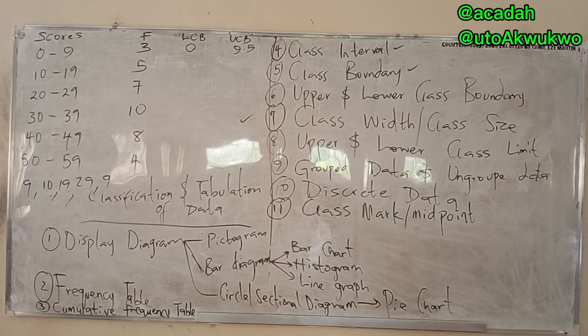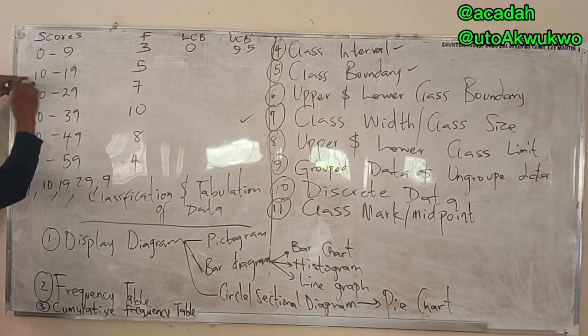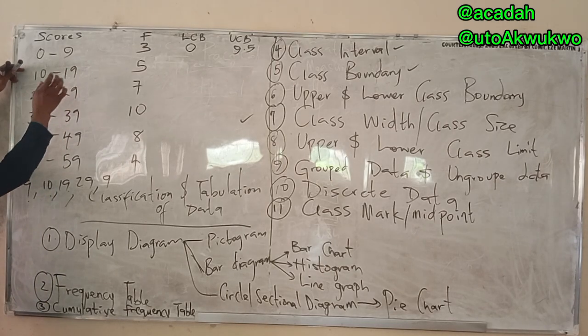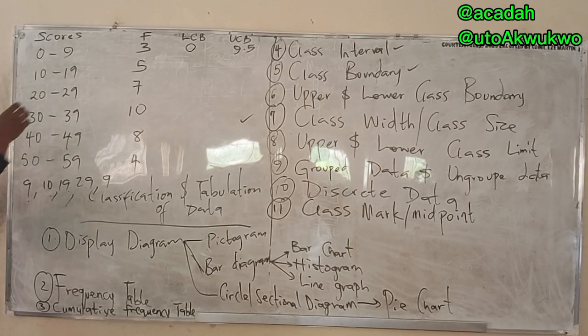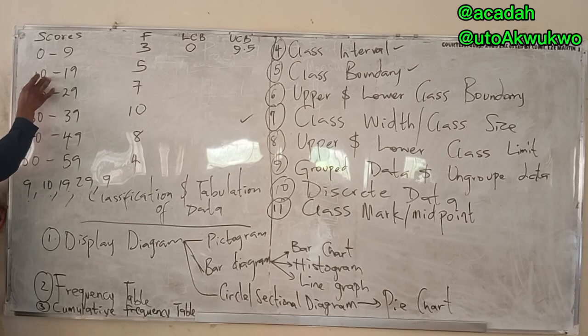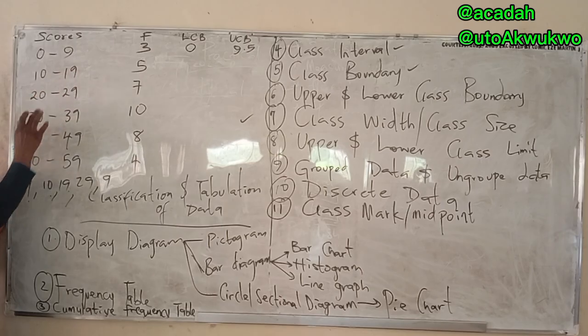So what you are doing when you are talking about upper class boundary and lower class boundary is simply subtracting 0.5 from the lower class limits, and adding 0.5 to the upper class limits. I said you remove 0.5 from the lower class limits, this is a limit, and add 0.5 to the upper class limits, so you don't confuse it.